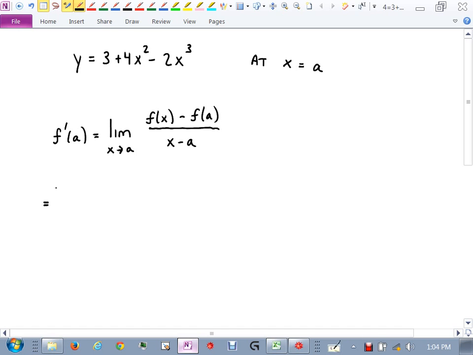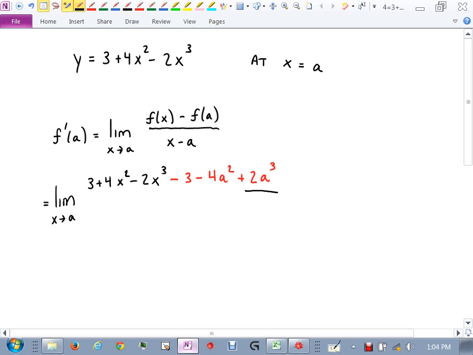So this will be limit x approaches a of, let's see, you just wrote f of x out, right? And then you wrote f of a, which is this with a's instead, but the minus, right? So when you do the minus, it'll make it negative 3 minus 4a squared plus 2a cubed.